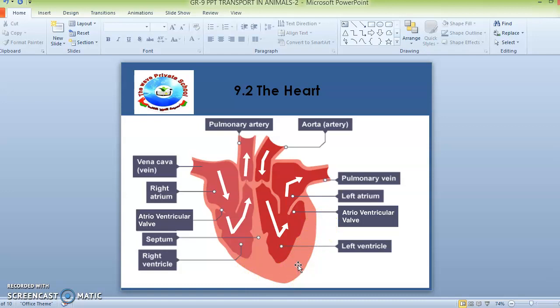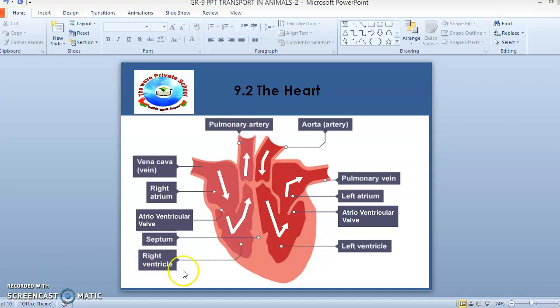The blood in the left ventricle is pumped into the aorta. The right ventricle pumps blood into the pulmonary artery, which takes it to the lungs.